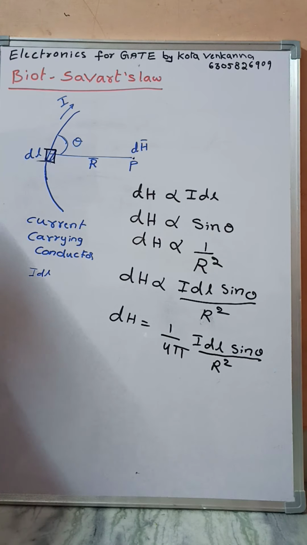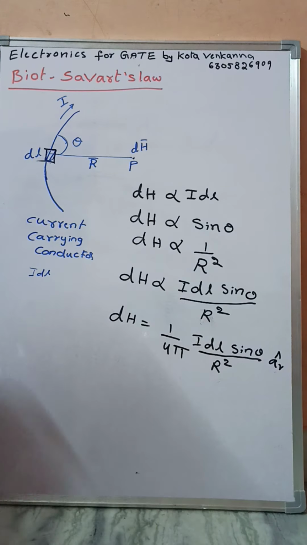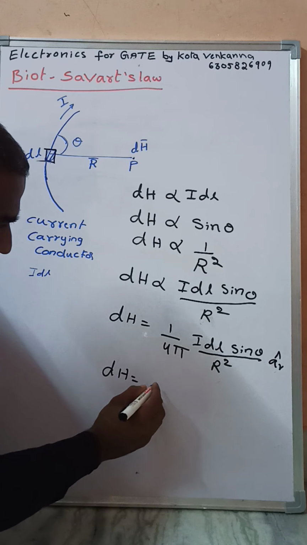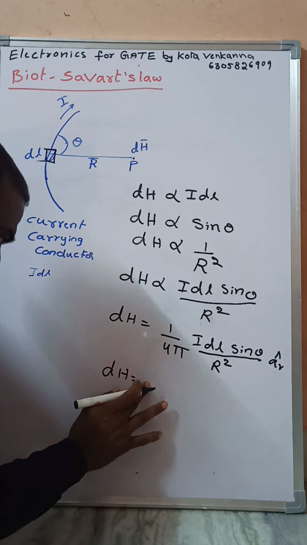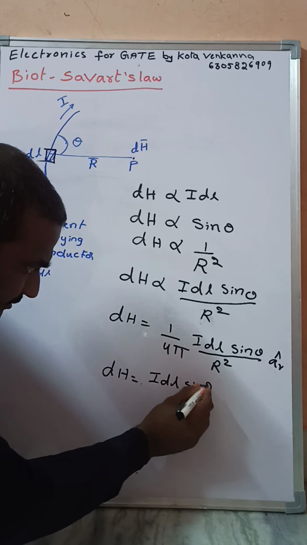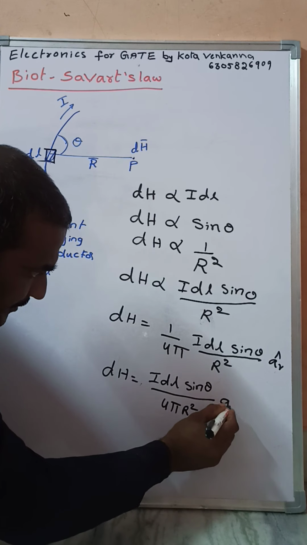It is a vector quantity, so the vector is indicated by AR. The final Biot-Savart's law equation is written as dH is equal to I dl sin theta by 4 pi r square AR.